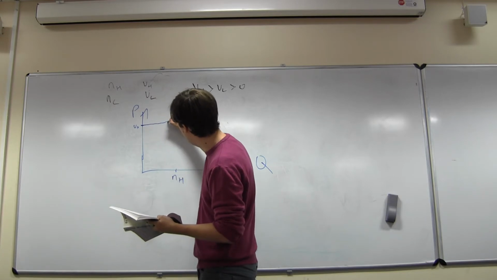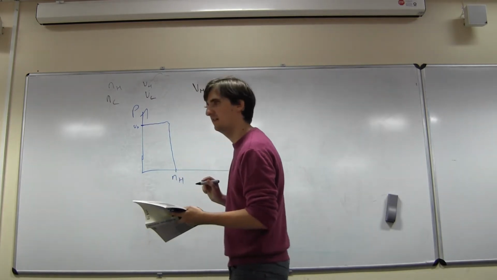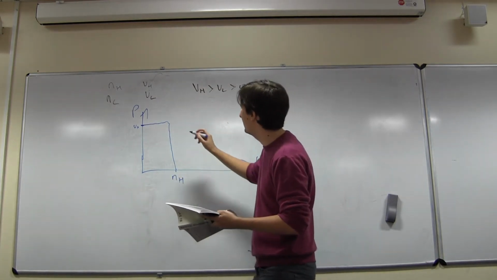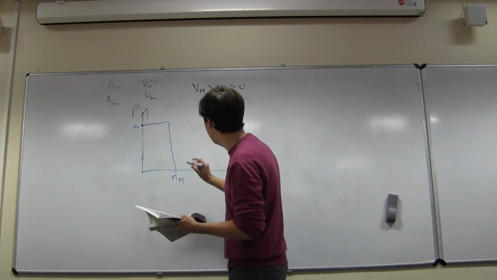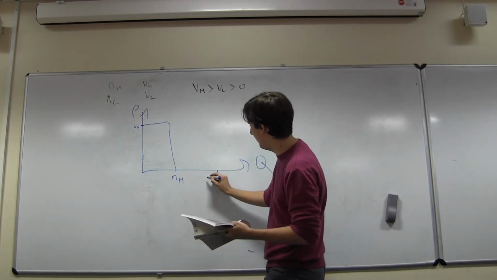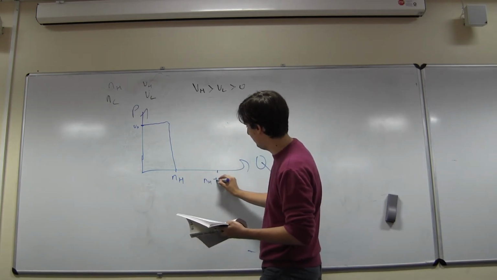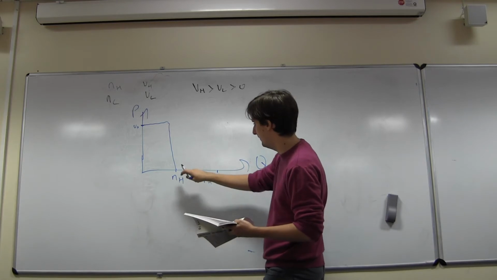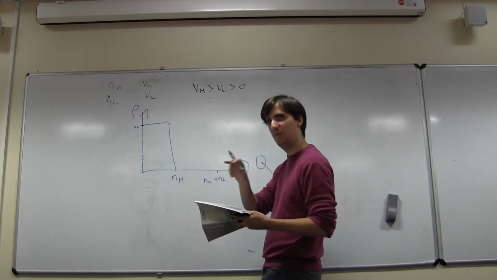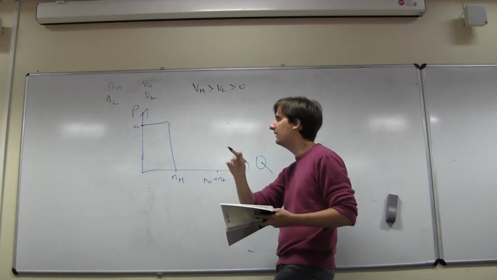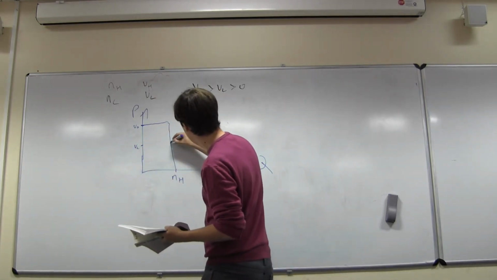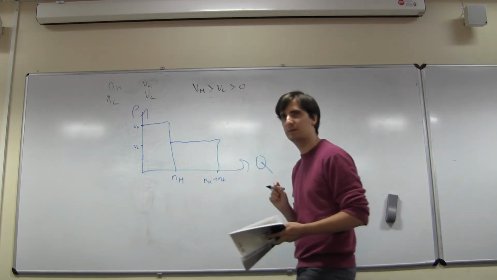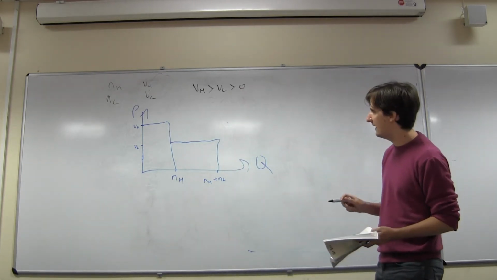Okay, so this gives a chunk of demand like that. And then additionally, you have these NL low income consumers who are prepared to pay VL. So this point is going to be NH plus NL, and this distance is NL. We've got NL extra people willing to pay up to VL, so let's draw a VL here. Okay, so you're going to get a chunk of demand like that. So this is our demand curve.